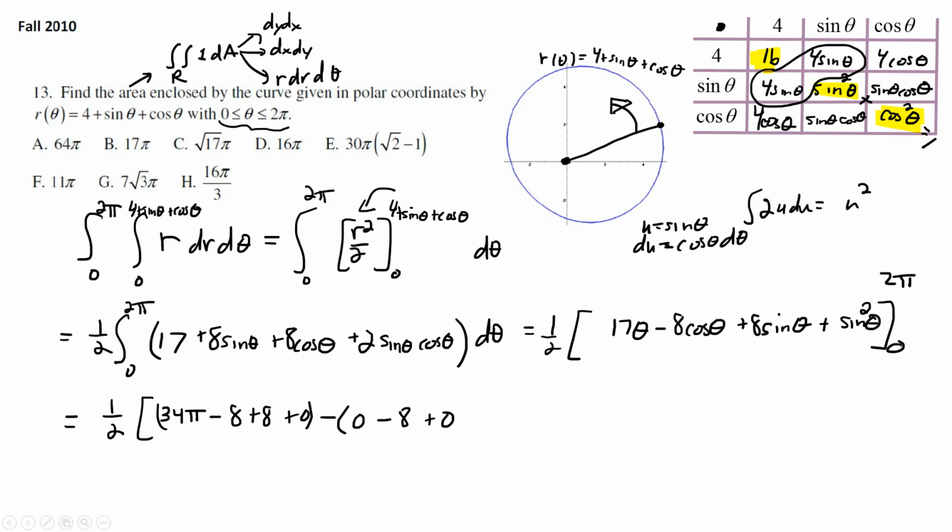Wait, I'm sorry. Back up 1 second. The 8 sine theta evaluated at 2 pi is a 0. And then plus nothing. So what happens is these 8's cancel out, and all these zeros are what they are. You end up with 17 pi for your answer.